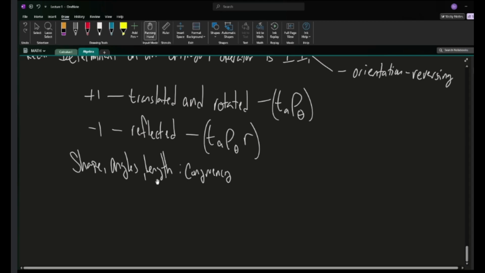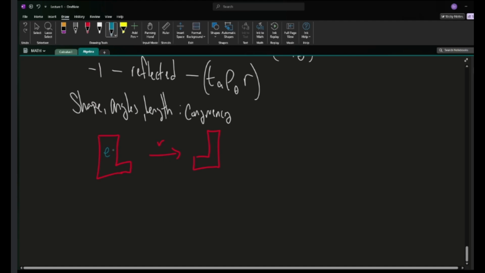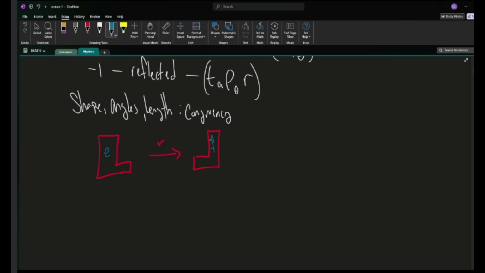I previously said, and I don't believe you were here earlier, that if we take a shape, say like an apple block, and we reflect it so that it becomes this, say E and F, regardless of what rotations or translations we do on E, we would never get to F.